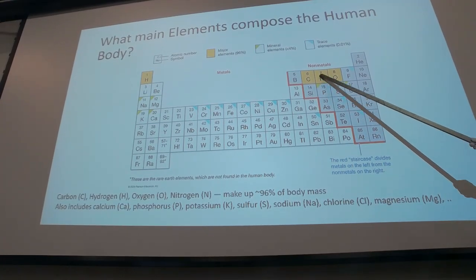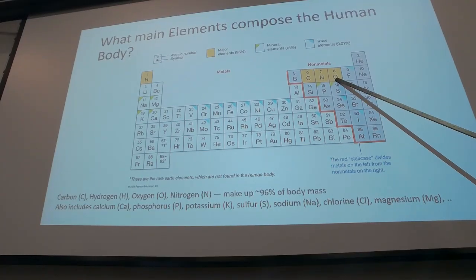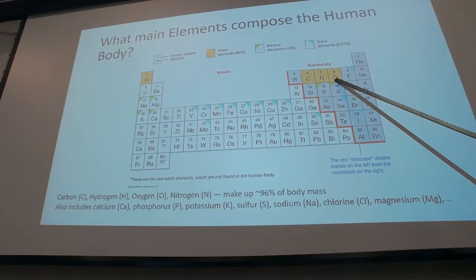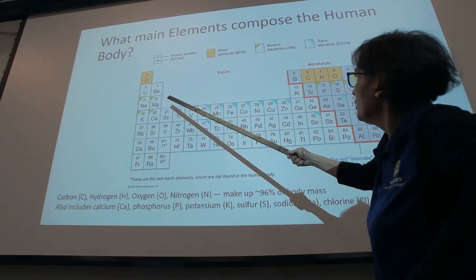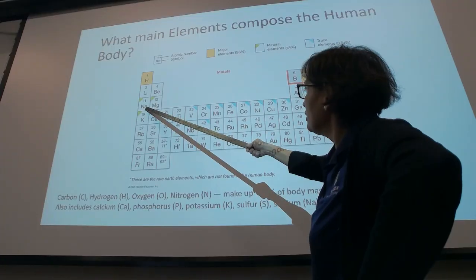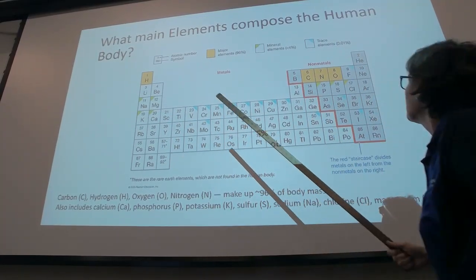They make 96% of the components of our body. And these are major elements. Now we have mineral elements that make less than 4%, which will be sodium, potassium, calcium, magnesium.